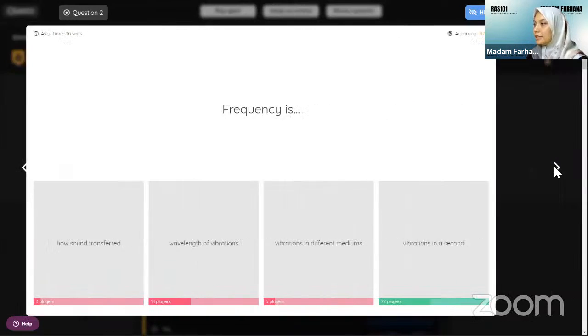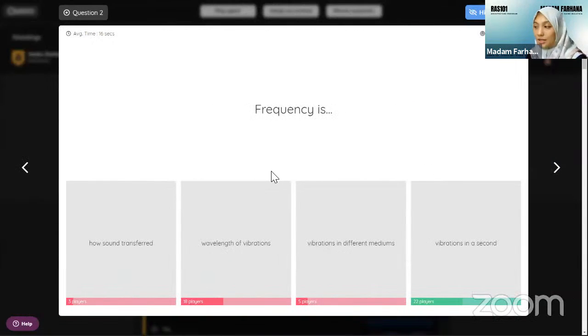Okay, next one is frequency is vibrations in a second. So the frequency, can you see me? Again? So the frequency, I never mentioned anything about vibrations in different mediums. How sound is transferred is not by frequency.